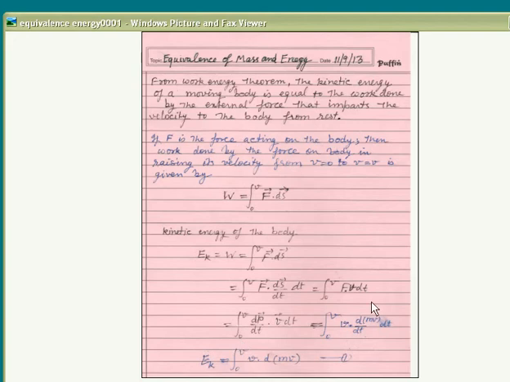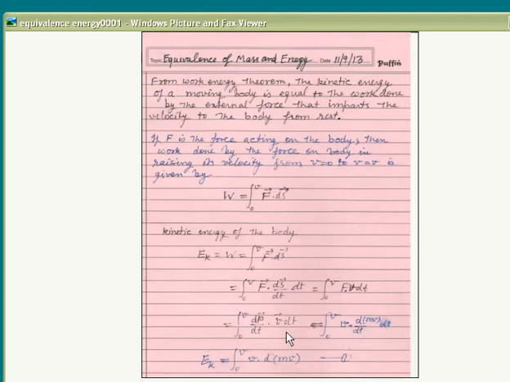Again, we know that force is the rate of change of momentum, where p is equal to mv. So we can write the complete formula in this way: the integral from 0 to v of d(mv)/dt dot v dt.